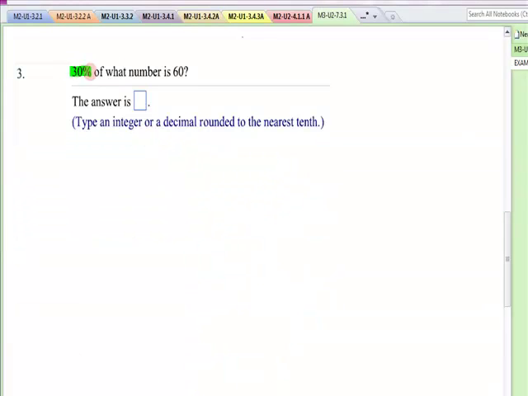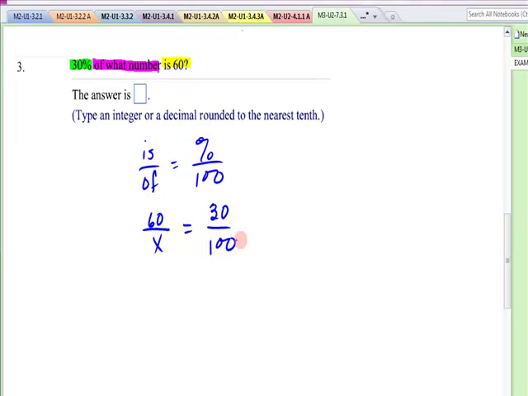It says 30% of what number is 60? So is over of equals percent over 100. In place of is, I put 60. Of what number? That's unknown. Percent number is 30, and it's over 100.